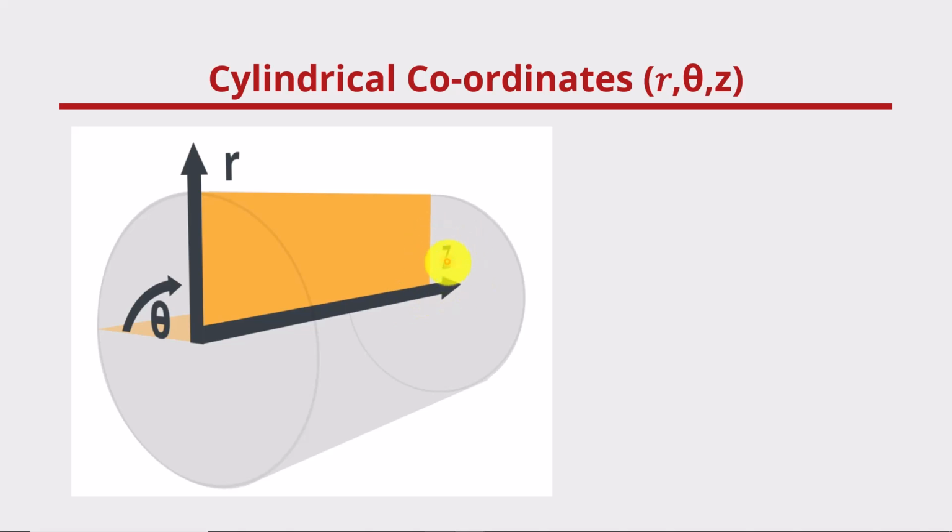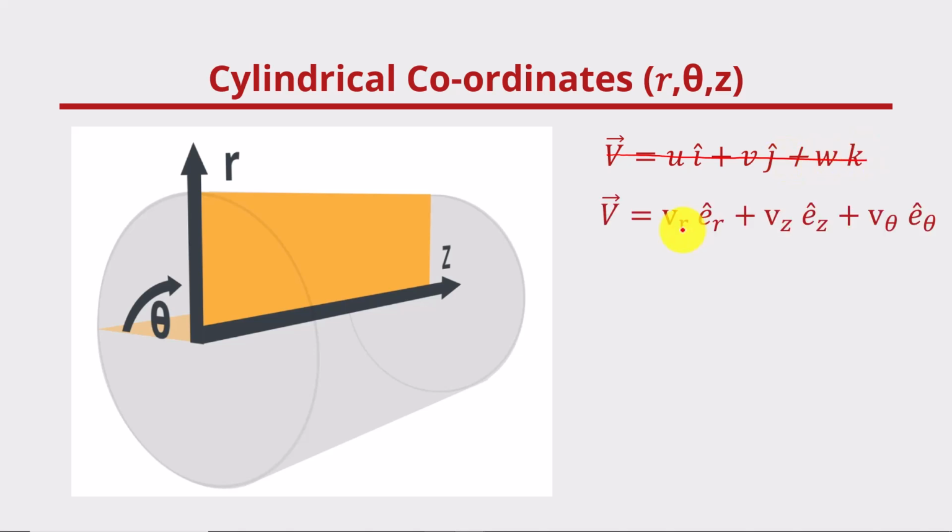the axial coordinate is usually denoted as z, and the radial coordinate is usually denoted as r, and theta is a circumferential coordinate. Instead of decomposing the velocity into the x, y, and z directions, which we do in the Cartesian coordinate system, we decompose the velocity into a radial velocity, axial velocity, and circumferential velocity. This is like a swirl component that will be zero.